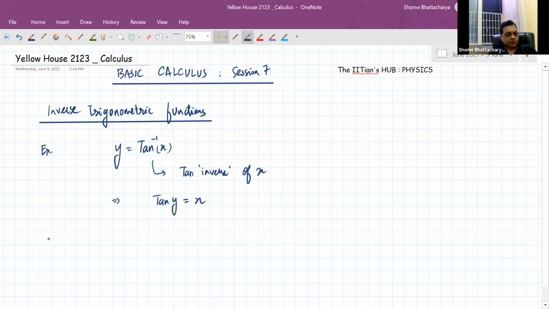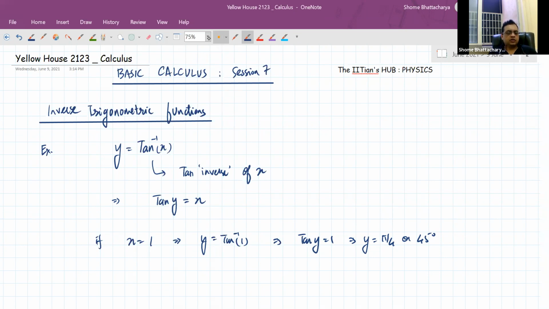Okay. So for example, if we say x is, let's say, 1, it implies y is tan inverse of 1. That means tan y is equal to 1, which means that y is equal to pi by 4 or 45 degrees. Once you understand the definition this way, it's pretty easy to work out the values.